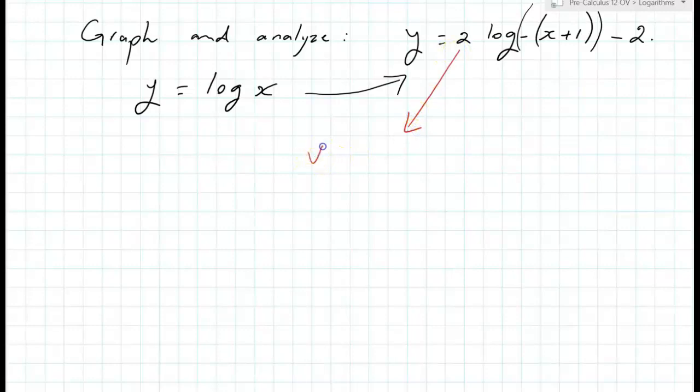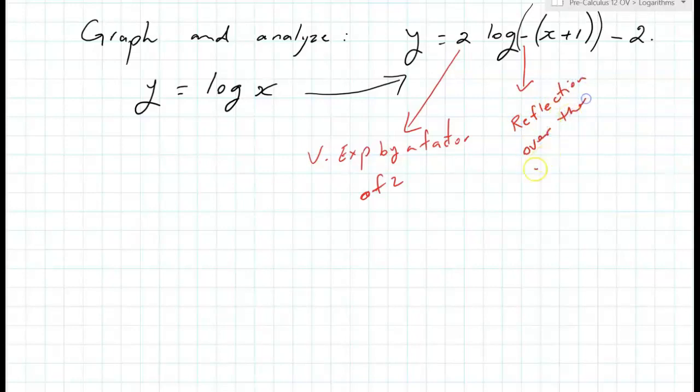That's the vertical expansion by a factor of 2. We know that this negative is the reflection over the y-axis.